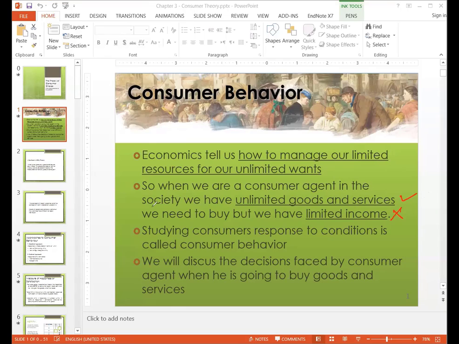So if we don't have any method, what will happen? We will not know how we are performing. So let me write it here. The idea behind studying a method is, we have studied the PPF method, and now we are studying consumer behavior.